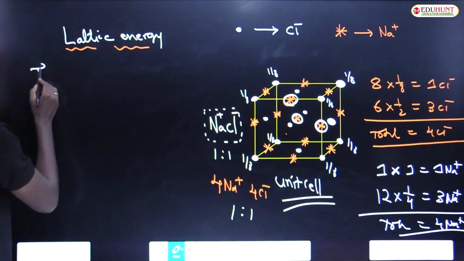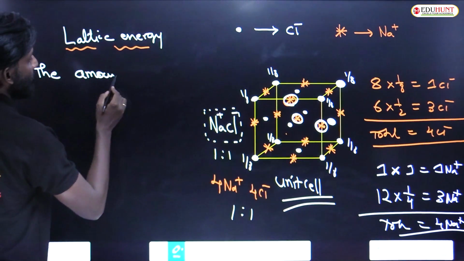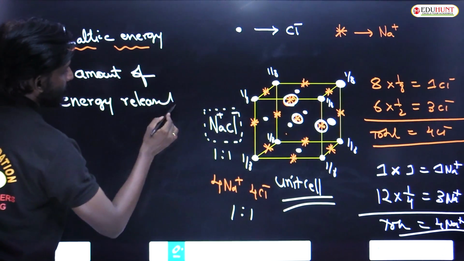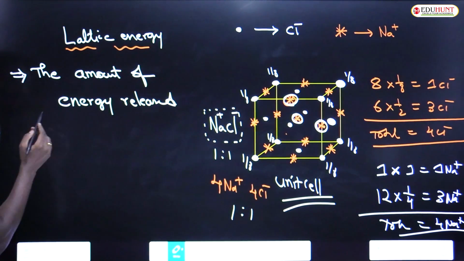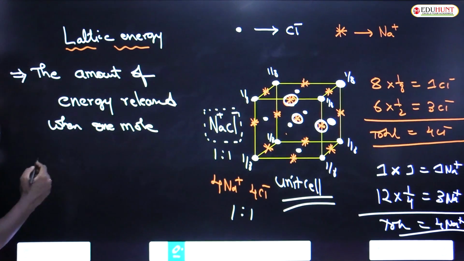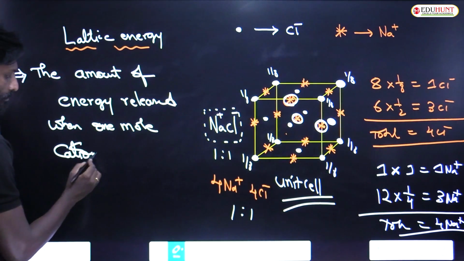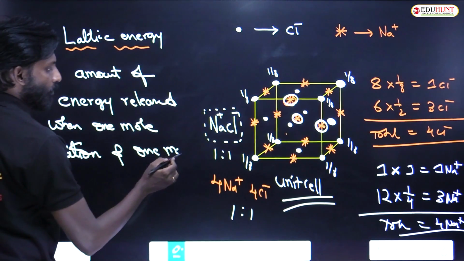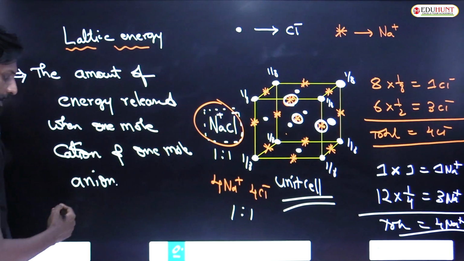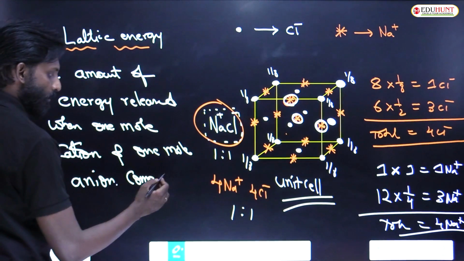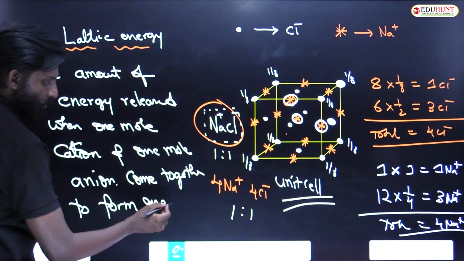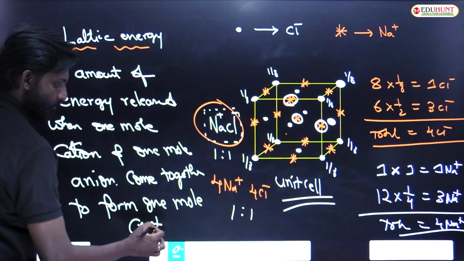Let me define. The amount of energy released when 1 mole cation and 1 mole anion come together to form 1 mole crystal lattice.